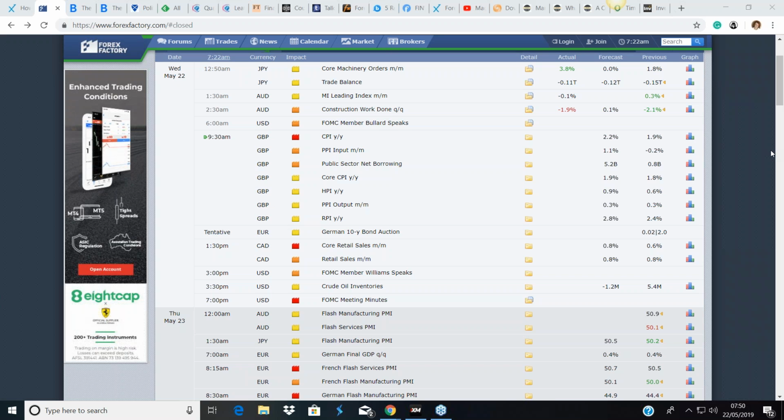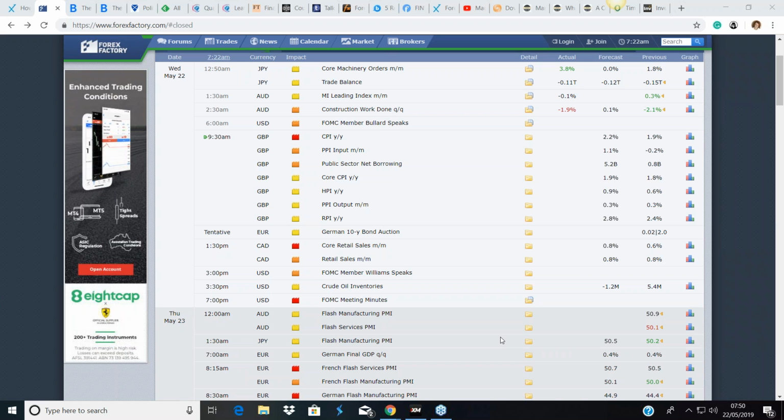But I have to say that I do find their classifications becoming increasingly bizarre. I don't quite know how they arrive at them. But when you scan your eye up and down and you look at things like, for example, trade balance in Japan is now yellow, as indeed are core machinery orders. Well, I would beg to differ.